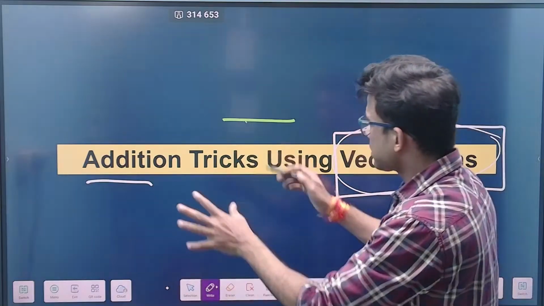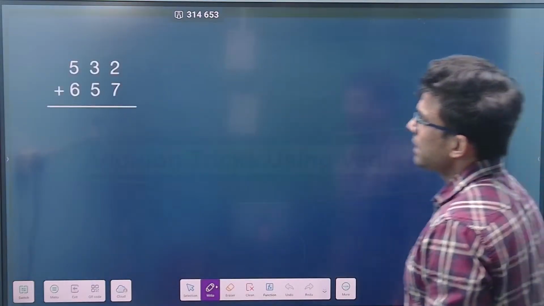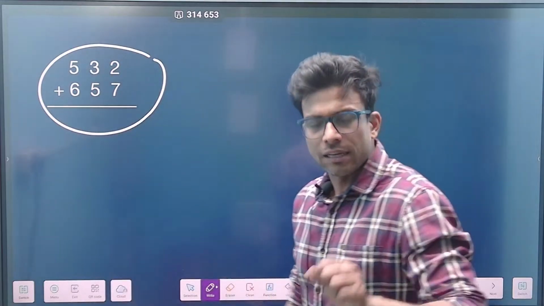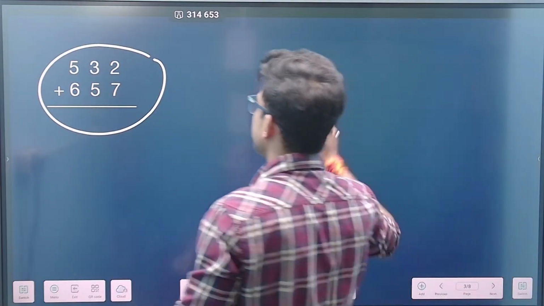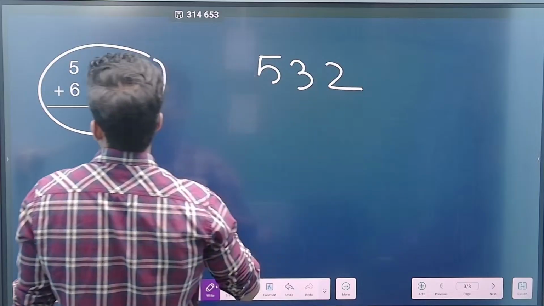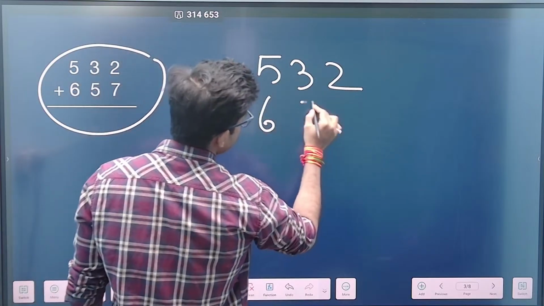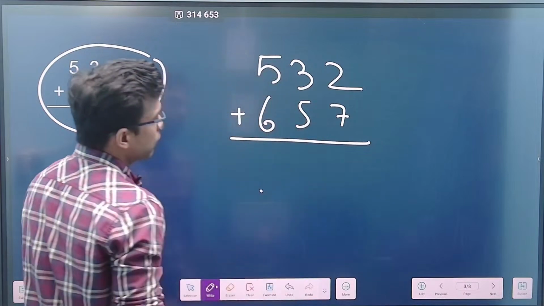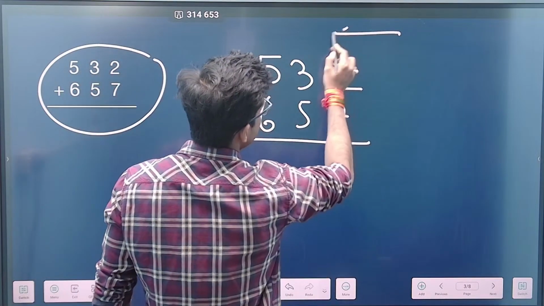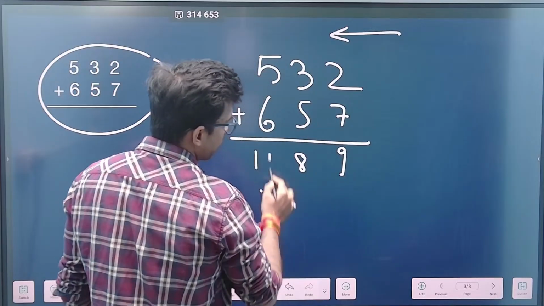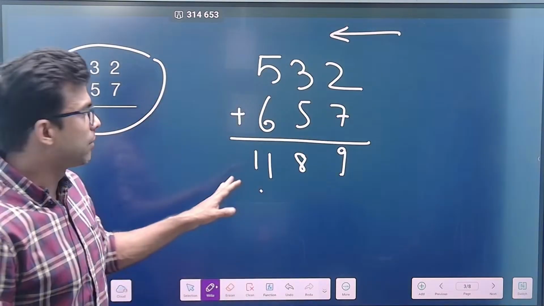Okay, so let me show you the concept of it. Basically guys, generally what we do, see, suppose I take a number like 532 and 657, we normally add these numbers from this end, correct? We add from this end, which is 7 and 2, which is 9, then 8, and then 11, correct? This is the normal method which we used to do.